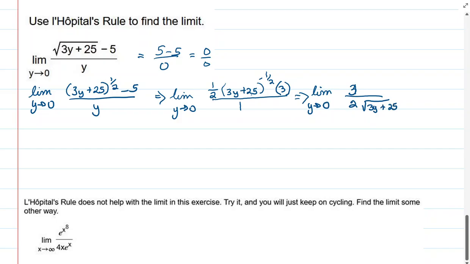Is that correct? All right, we're going to drop in our 0, and this time we have success, because this is going to be 0 here, but the square root of 25 is 5. Looks like 3/10. What do you think? Everybody concur?